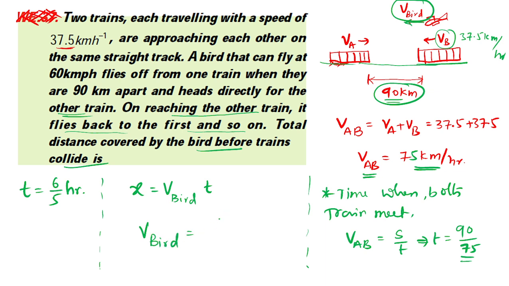Tell me, buddy. 90 kilometers divided by 6 by 5. Total answer will be how much now? 6 how many times will it cancel? 75?